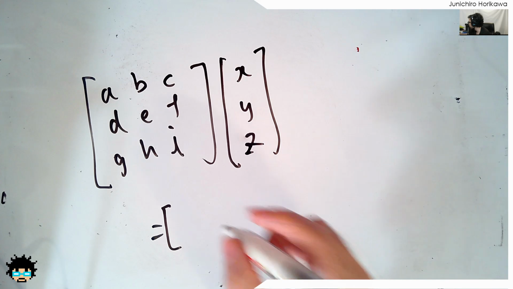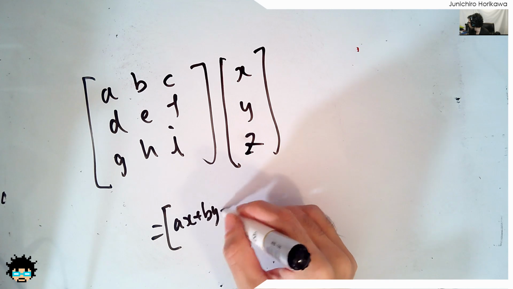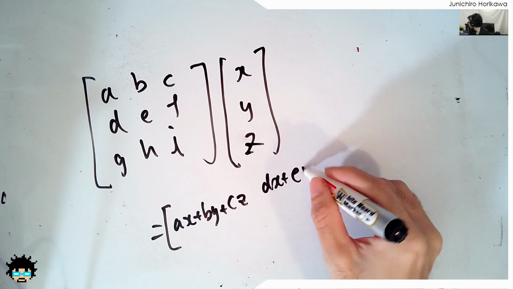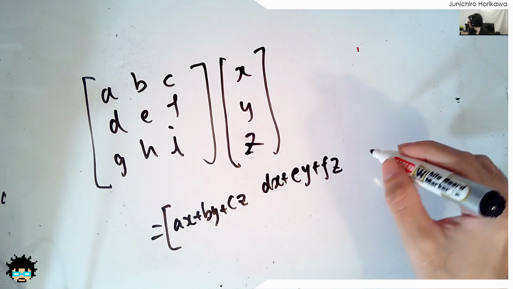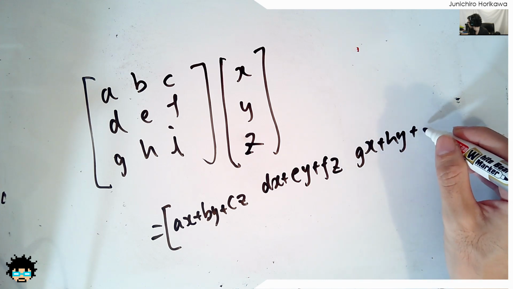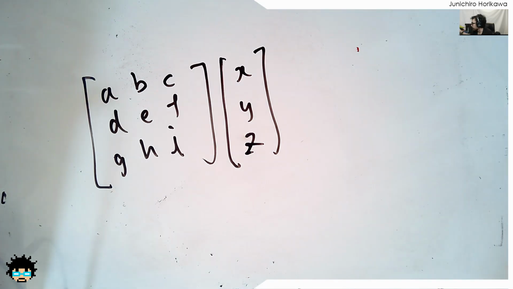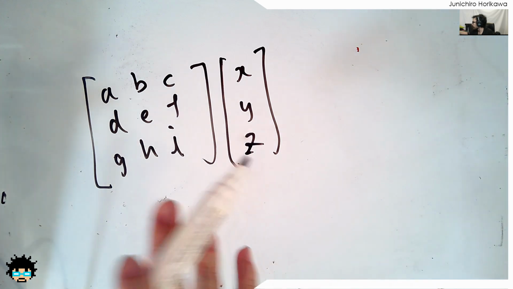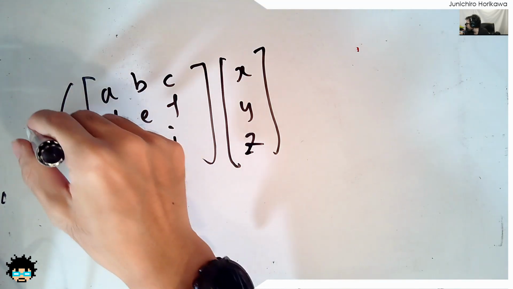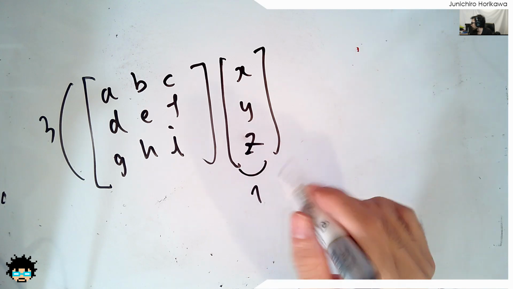And as a result, you get ax plus by plus cz, dx plus ey plus fz, and gx plus hy plus iz. Now if you look at the left hand side and right hand side column numbers and row numbers, the first matrix has 3 rows and the second matrix has 1 column.